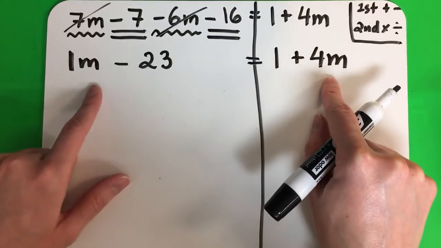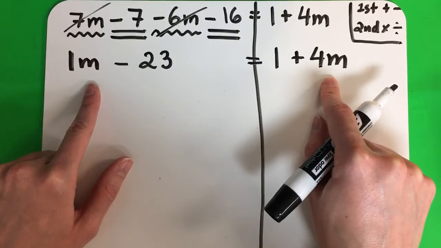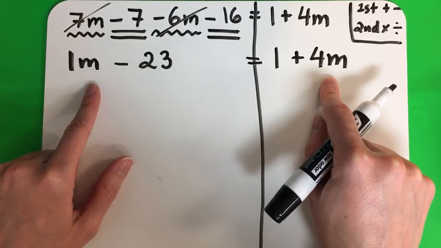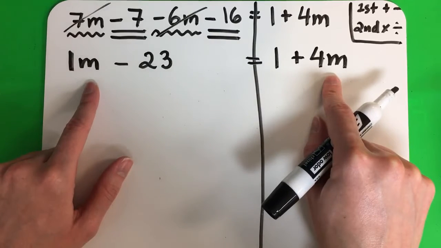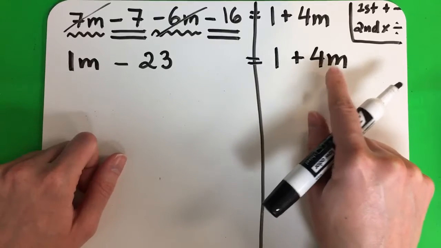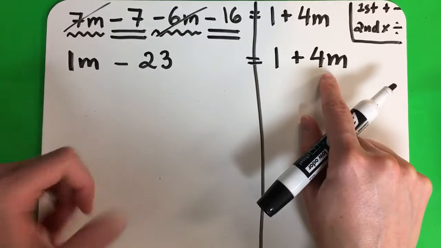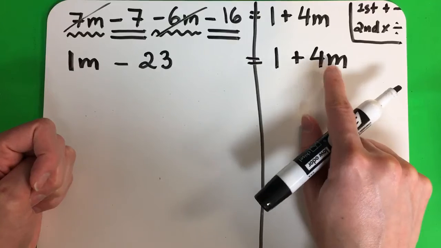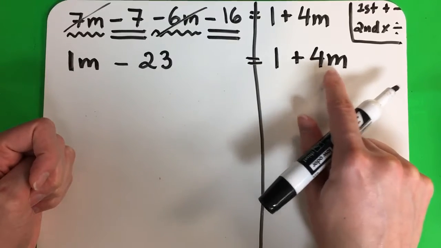Okay, so first we start with the letters. Primero comenzamos con las letras. The number with the letter that is on the right is always the one that we are going to move. Siempre mueve el número con la letra que está en la derecha. So always move the one on the right.